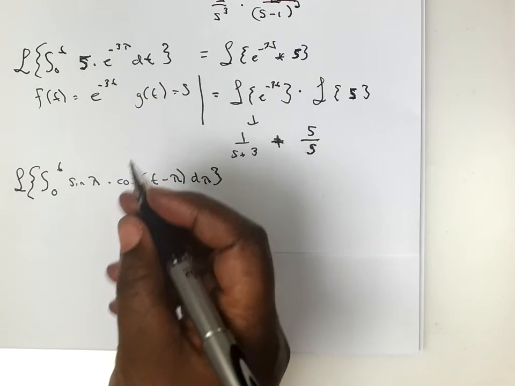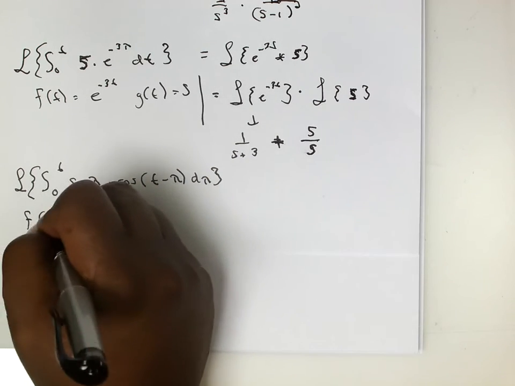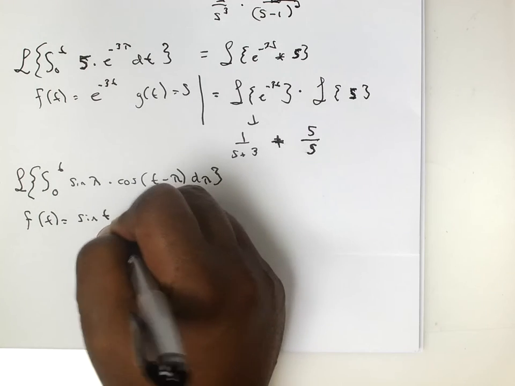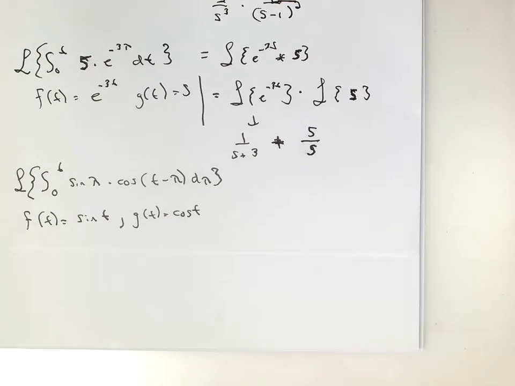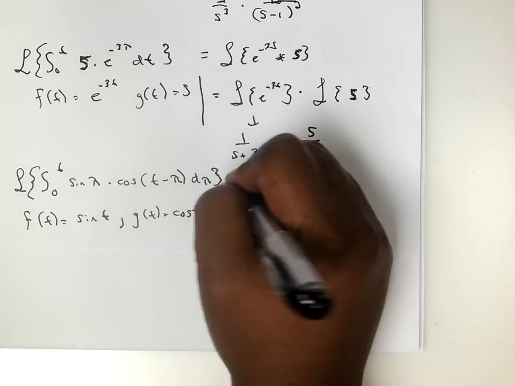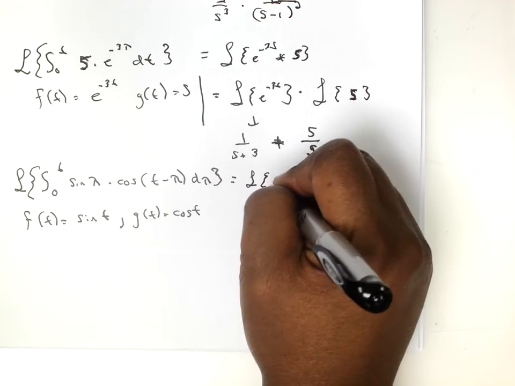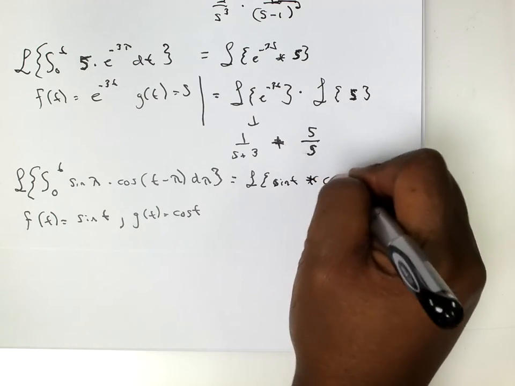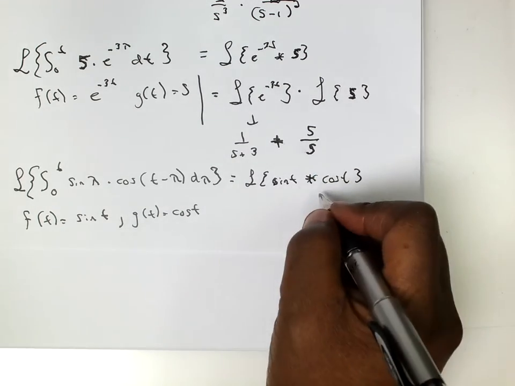So I'm using that definition from convolution to write really what my f of t and g of t are. So f of t would be sine t, and my g of t is going to be cosine t. So I'm looking at the Laplace of the convolution of sine t and cosine t, and do each of them separately.